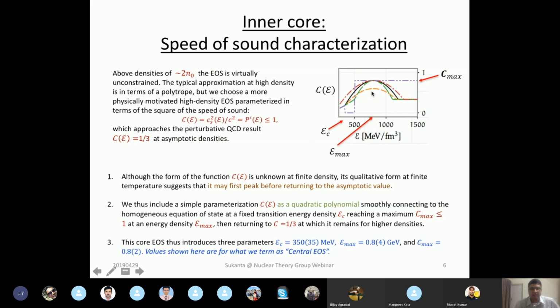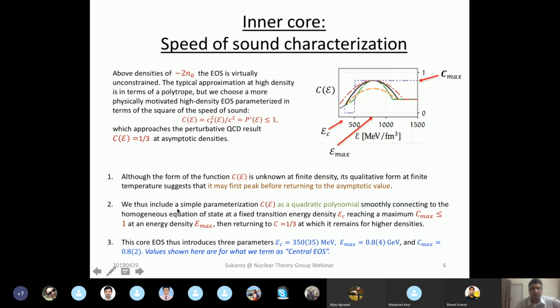So we allow for that degree of freedom and see if this can be constrained observationally. To recap this figure, although the form of the function C is unknown at finite density, its qualitative form at finite temperature suggests that it may first peak before returning to the asymptotic value of 1/3.